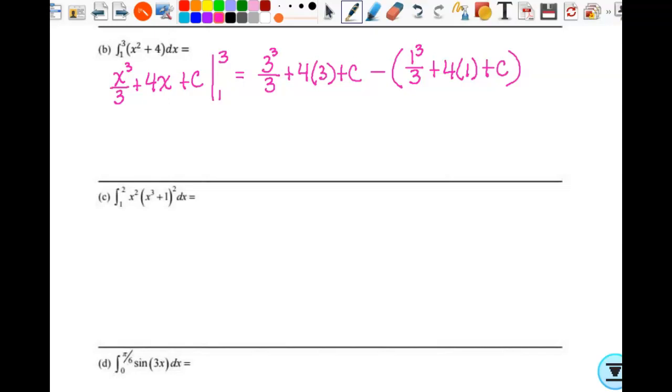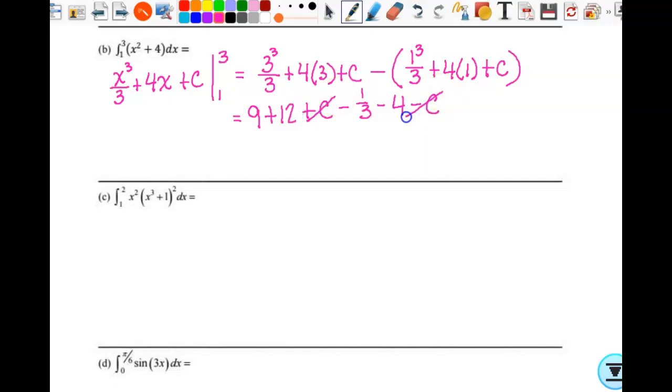Okay, so 3 cubed is 27 divided by 3 is 9 plus 12 plus c, then minus 1/3 minus 4 minus c. Yep, the c's zero out, right?